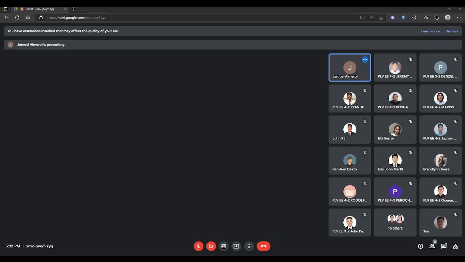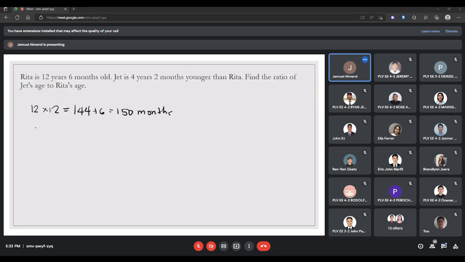Tama ba? While Jet is 4 years, 2 months younger, so we just subtract that. 4 times 12 would be 48, plus the months, so 54 months.